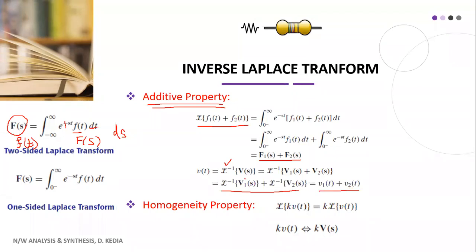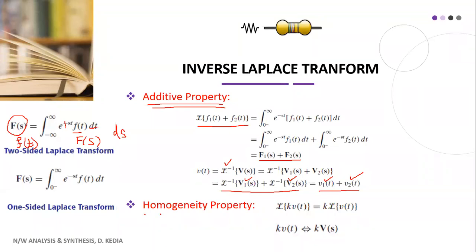Again, notice that in the S domain V1 and V2 are capital, and in the T domain v1 and v2 are small. This property tells you that if you can split your S domain function into simpler functions, you can apply the results that you have obtained with respect to Laplace transform.